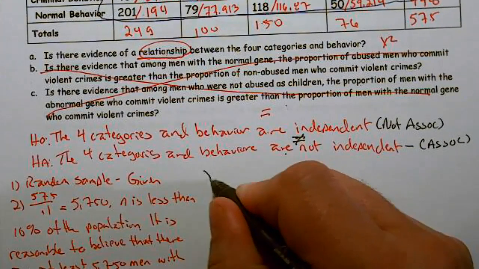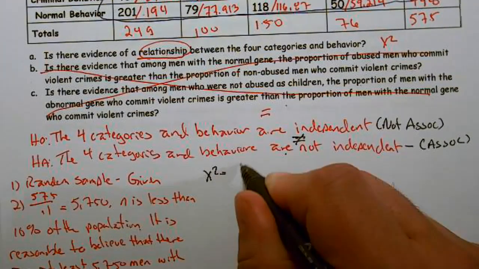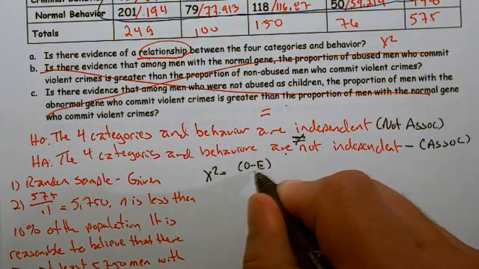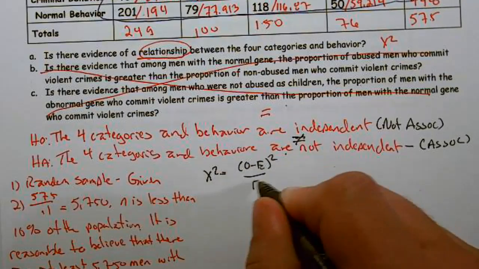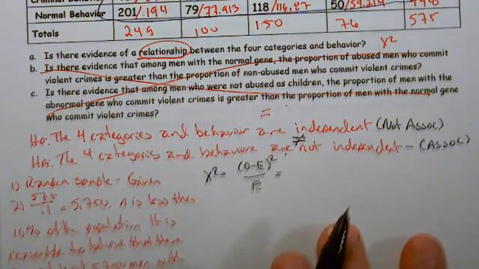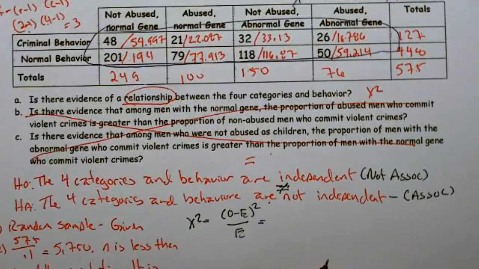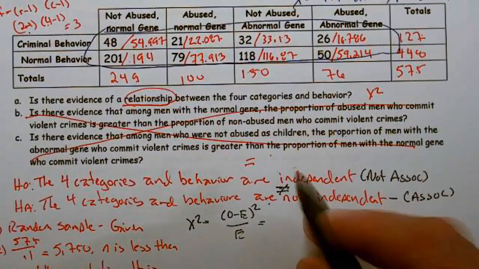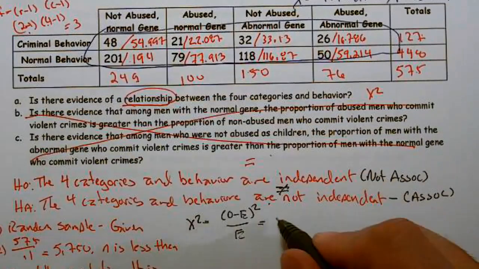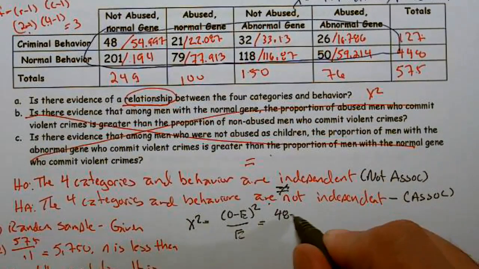We write our equation, chi-squared equals observed minus expected squared over expected. And we start by doing the first one. And our first one, our observed was 48. Please don't swap the order. They will ding you.